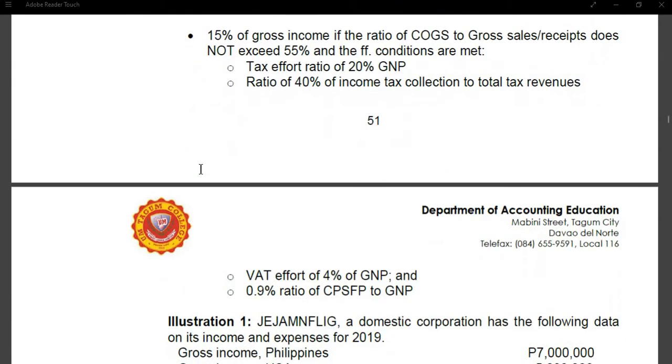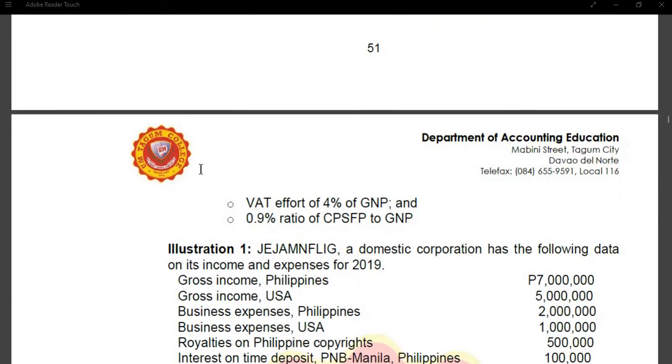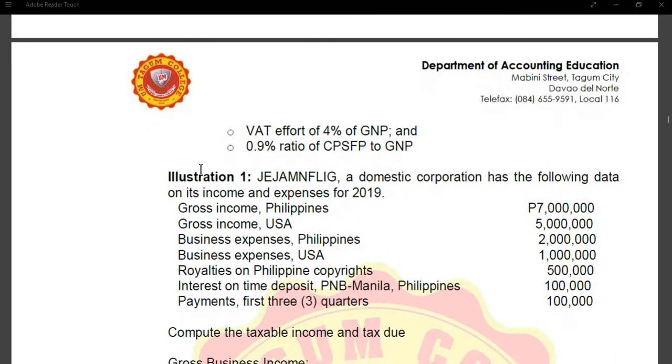Okay, so illustration number 1. This illustration will show us how to compute the regular corporate income tax. It is a domestic corporation that has the following data on its income and expenses for 2019.